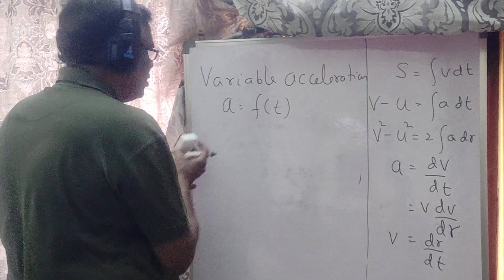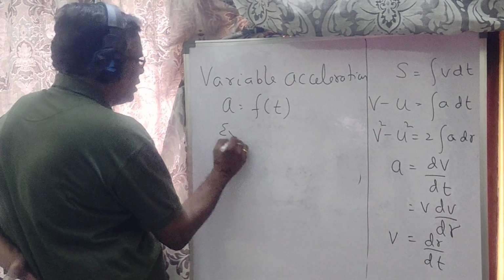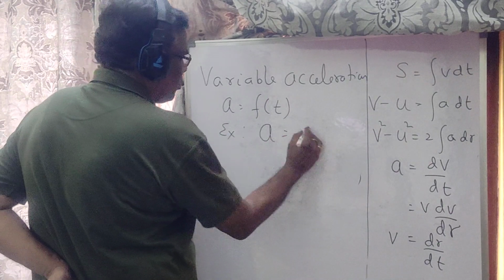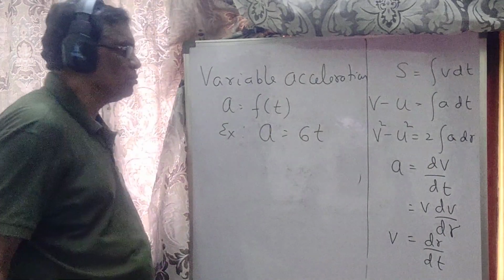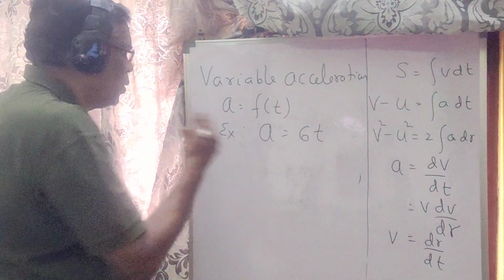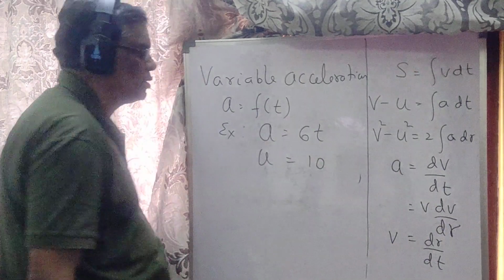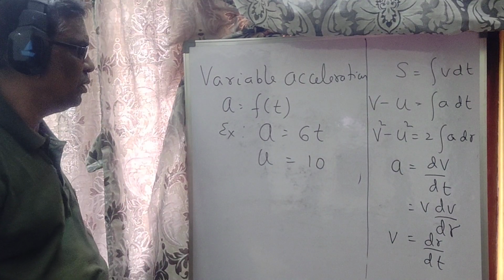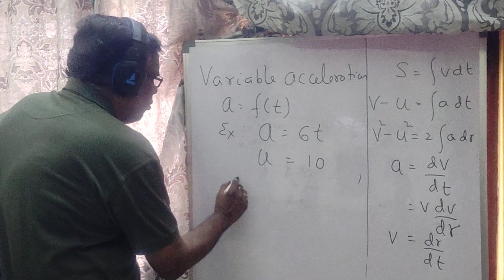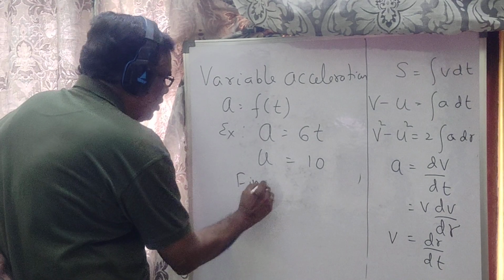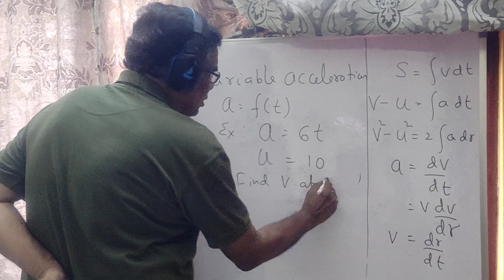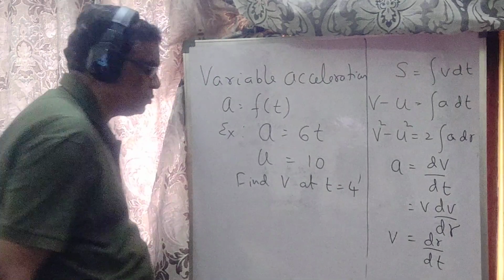First we will take a as a function of time. I am giving an example. a is equal to say 6t. Suppose I have given, and say u is equal to 10 units. Then find the velocity at t is equal to 4.